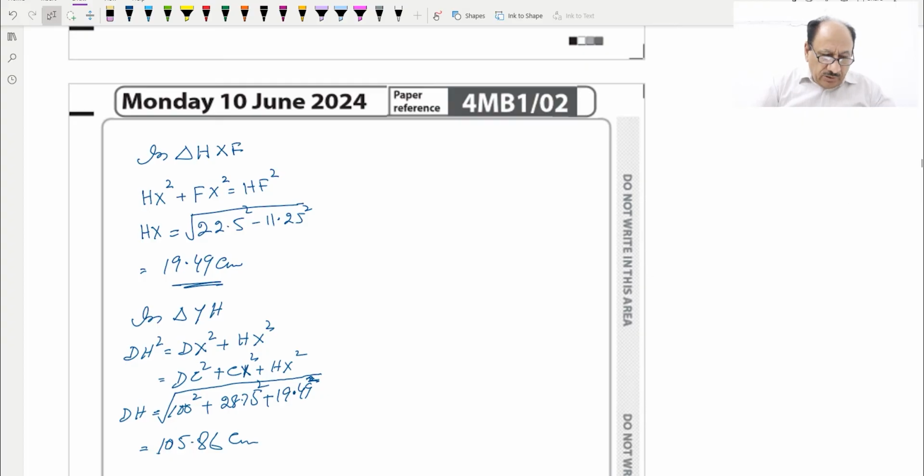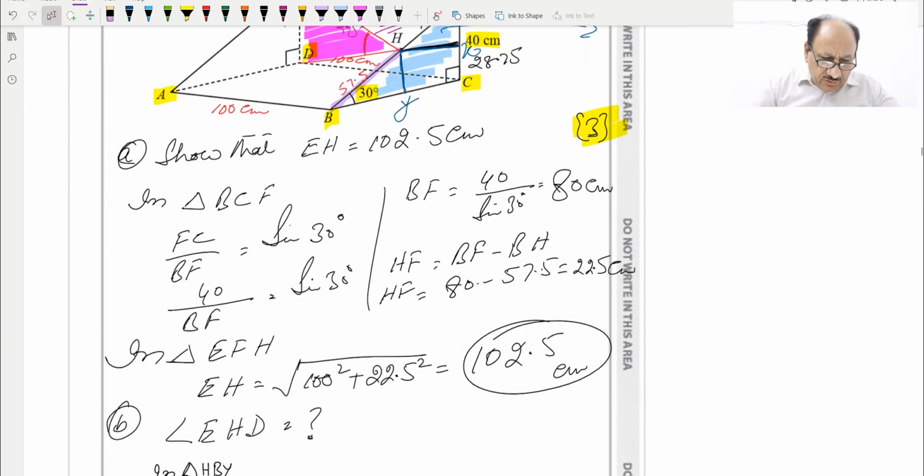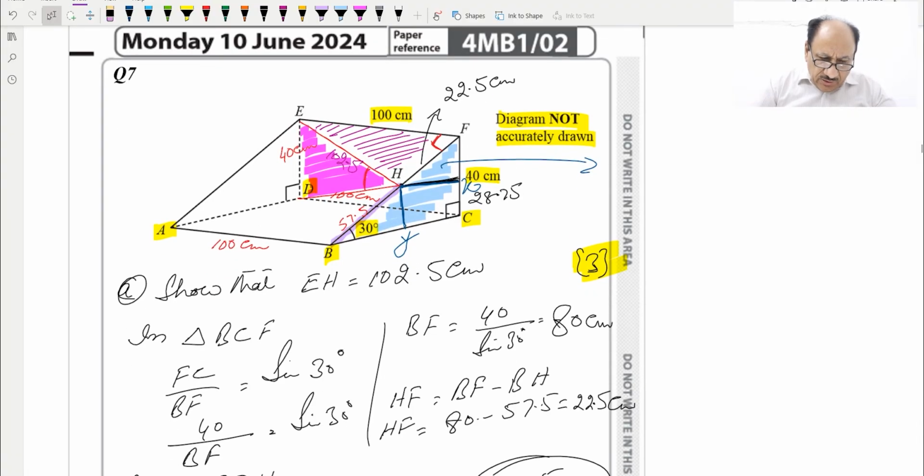Okay, now in this triangle, EDH, we have all three sides, and we can apply the cosine rule to find angle EHD.